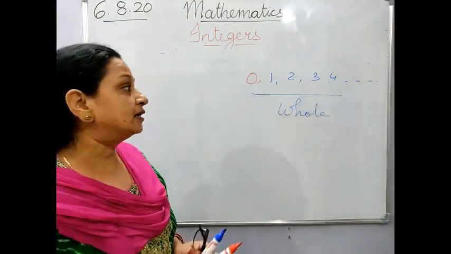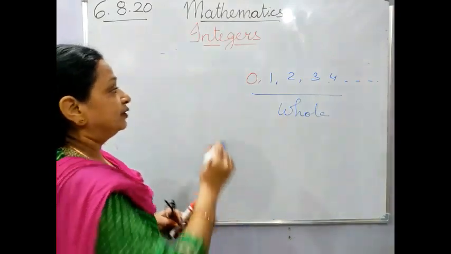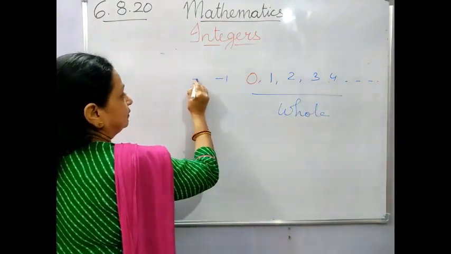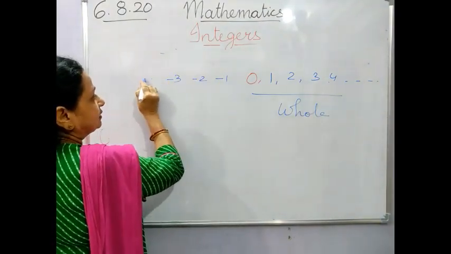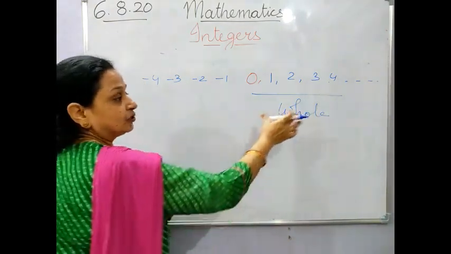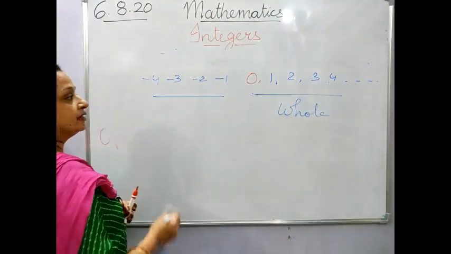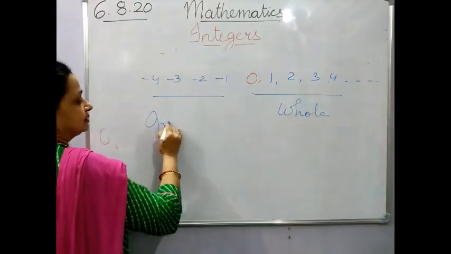Now there are certain numbers on the left side of the 0 which have the negative value, like -1, -2, -3, -4 and so on. So this collection of the whole numbers and the negative numbers together form the integers.